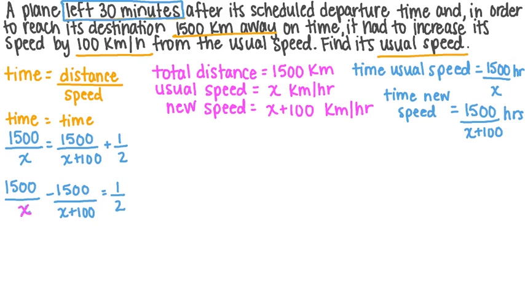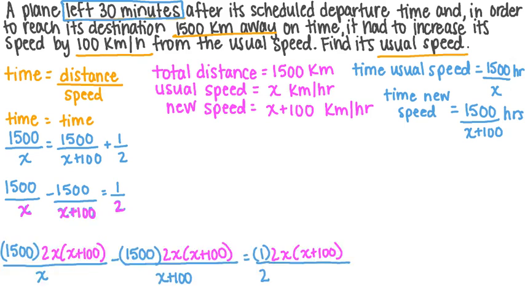So our denominator will need an x, a 2, and an x plus 100. Now this isn't the only way to solve this equation, but it eliminates the denominators. So before we begin multiplying, we can cancel a little bit. So the x's cancel with the first fraction, the x plus 100s cancel with this fraction, and the 2's cancel with this fraction. So now we can multiply what's left.